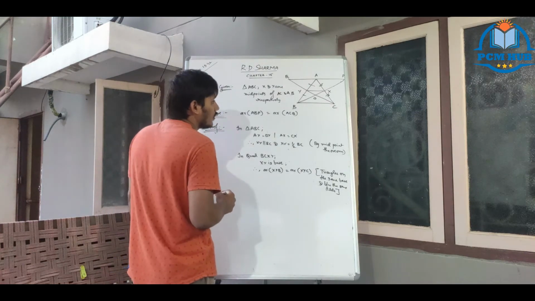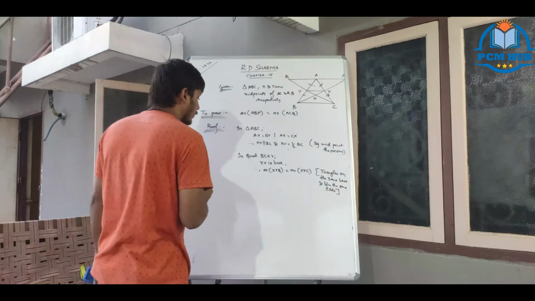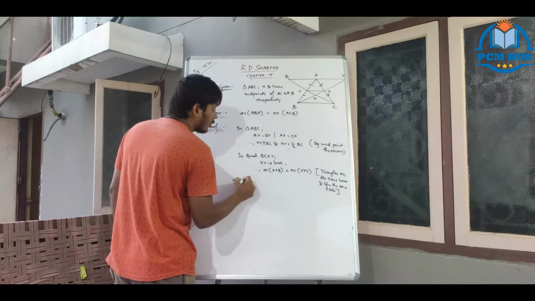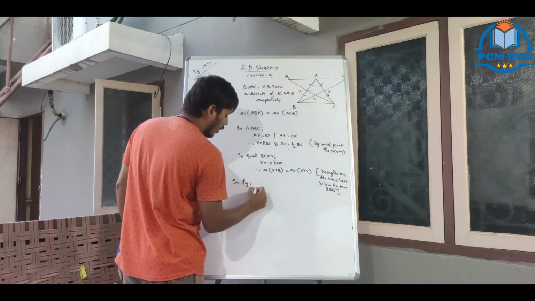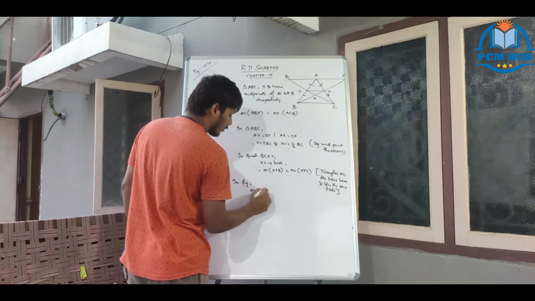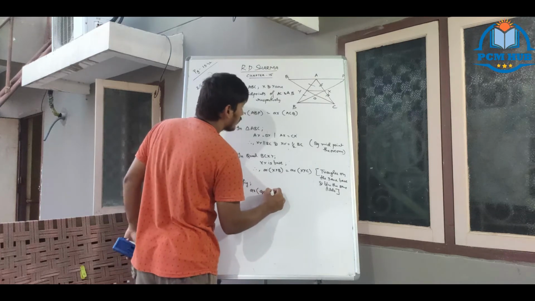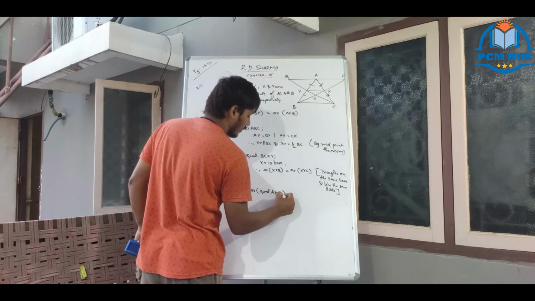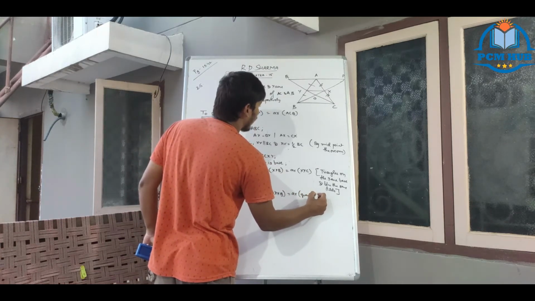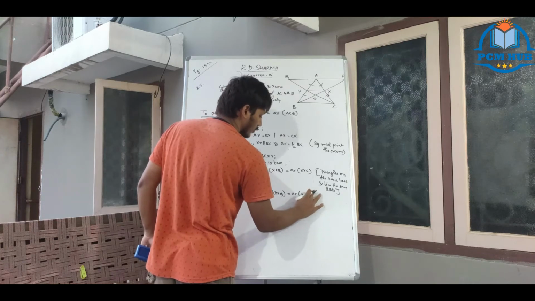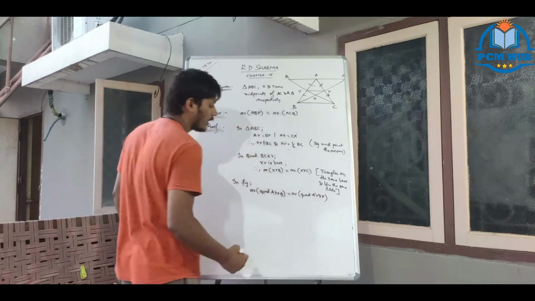Now see the quadrilaterals above. In the figure, area of quadrilateral AXYQ equals area of quadrilateral AYXP, right?